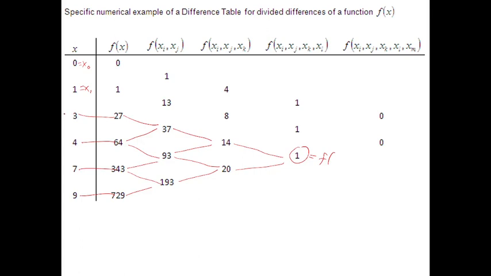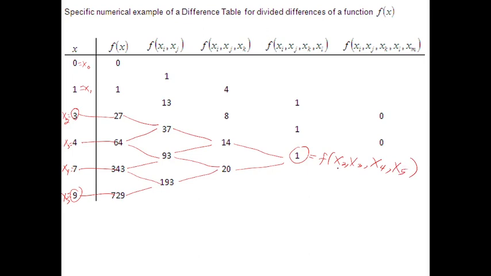So this is x sub 2, x sub 3, x sub 4, and x sub 5. So this is x sub 2. So we have 3 and 9. So we have f of x sub 2, x sub 3, x sub 4, and x sub 5.